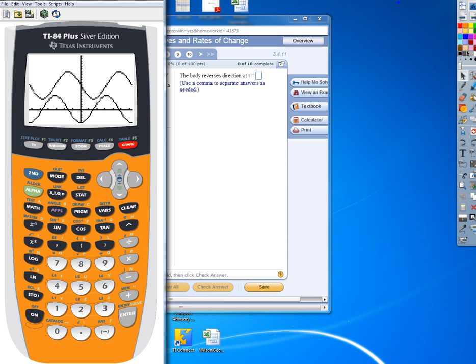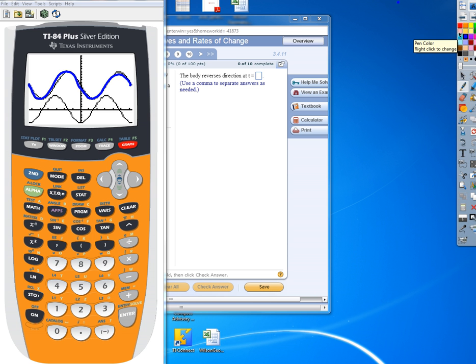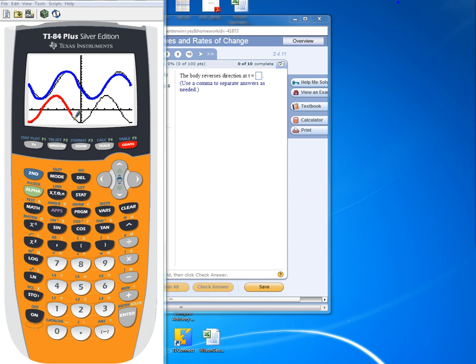Does this make sense? I'll make it blue: here's my original function, there's S. And the red function is the derivative. See if you can see this connection, at least a couple of key points.